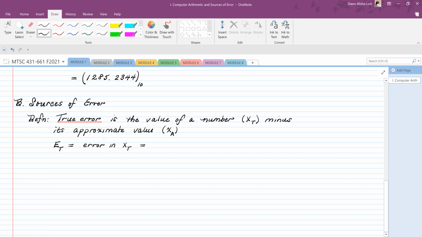And it's basically equal to X true minus X approximate. Many times you will see it in absolute value.